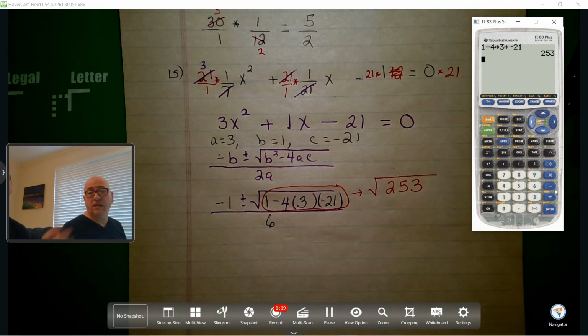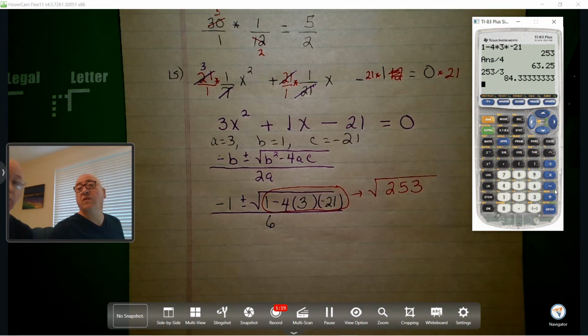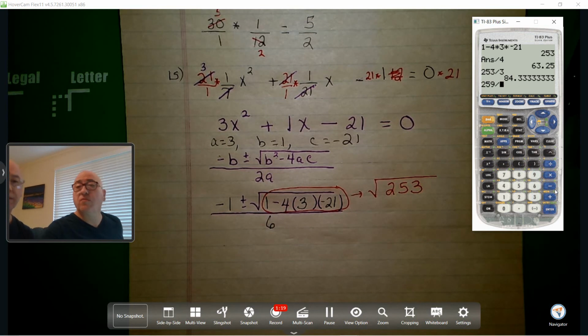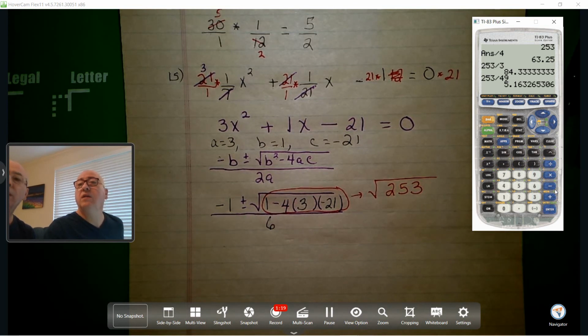Well, let's see. Certainly not divisible by 2 or 3. Sometimes, if it's an odd number, try dividing it by 3. Does the number you get turn out to be a perfect square? No. So it's not divisible by 9. What did I say earlier?